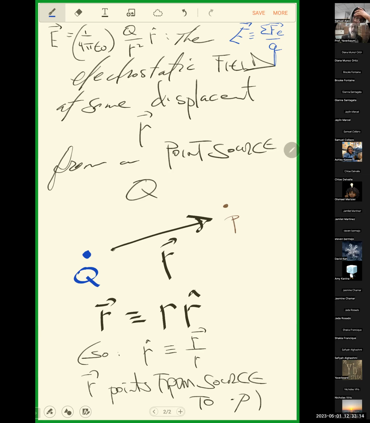The original charge that causes the field we call a source charge, and the charge that we're imagining to experience the field is called the test charge.